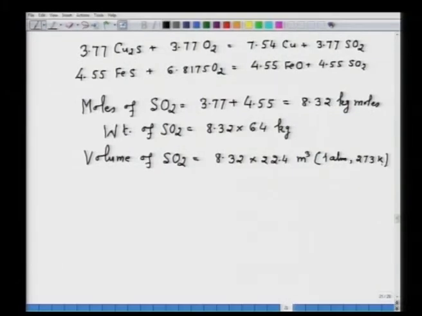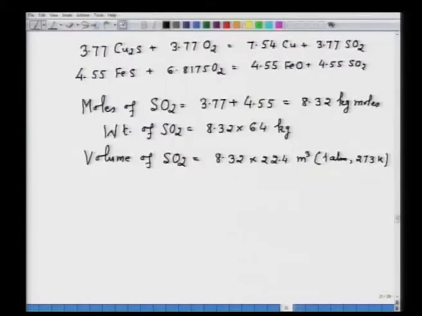So, what I want to say from here is that you can get so much information. You can also get the amount of oxygen that will be required for this reaction, and hence the amount of air required to convert 1 ton of matte into copper.